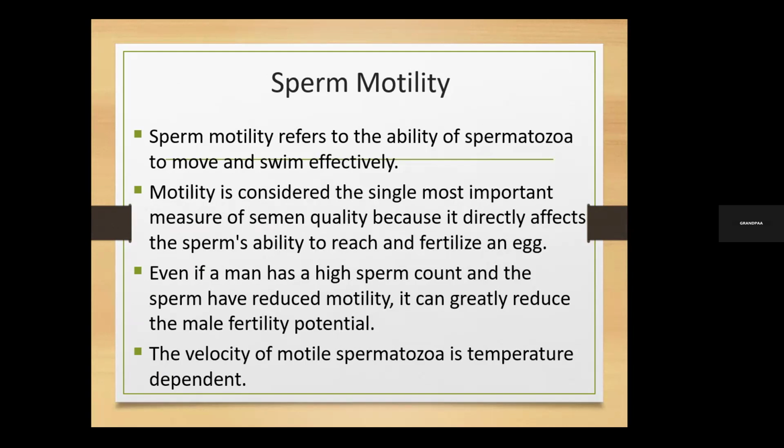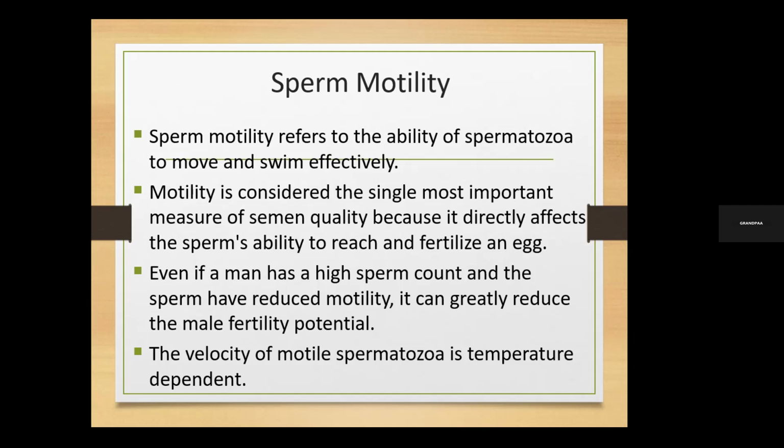When you are talking about quality, motility comes first, because if you have many sperms and they cannot move to reach where the egg is, then they are of no use. So even if a man has a high sperm count and the sperm have reduced motility, it can greatly reduce the fertility potential.